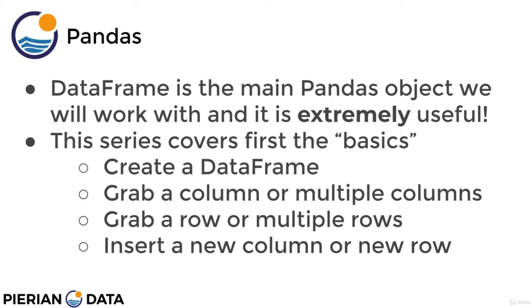That is, creating a data frame, and then grabbing a column or multiple columns from a data frame, and then grabbing a row or multiple rows, and then inserting a new column or new row. Then throughout the rest of the Pandas lectures, we'll start learning about different operations you can perform on a data frame. But this series is very basic: how can we grab information from a data frame, and how can we insert information into a data frame?